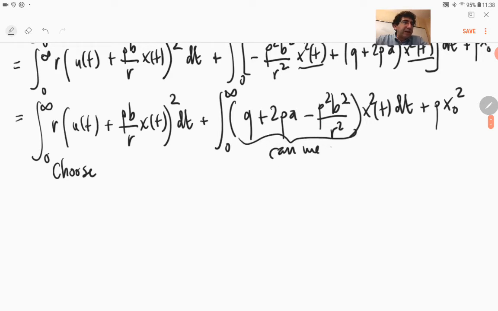Can we make this 0? In order to do this, we need to solve this equation equated to 0.